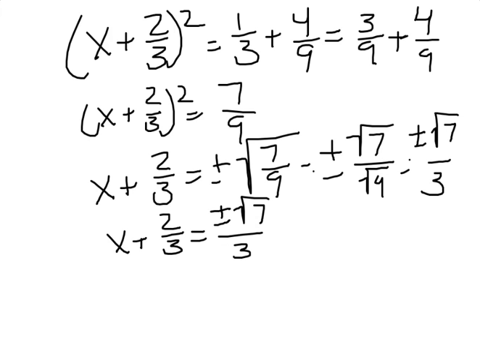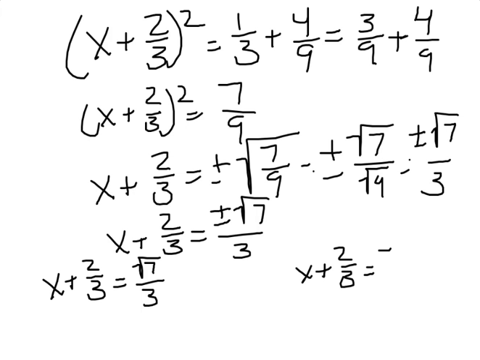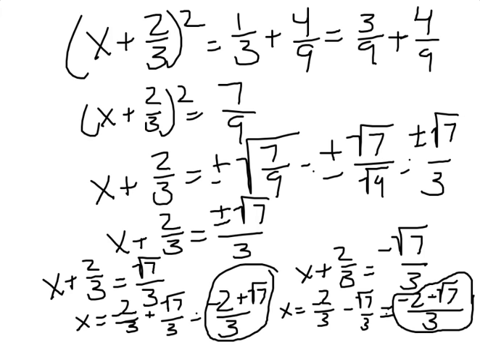So I'm going to do x plus 2/3 equals positive radical 7 over 3, or x plus 2/3 equals negative radical 7 over 3. So I'm going to subtract 2/3 from each side, and I get negative 2 plus radical 7 over 3, or negative 2 minus radical 7 over 3. And we'll do more problems in class.